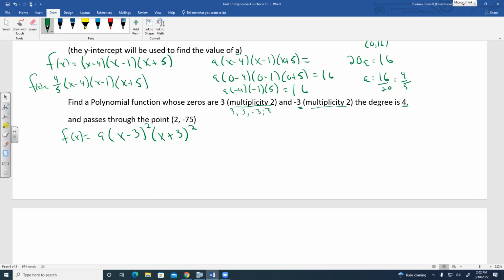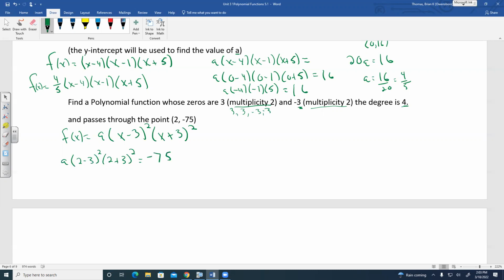So if I want to find a, I have to substitute 2 and -75 in for x and y. So I'm going to have a times, and I'm going to replace this x with the 2. That's going to be 2 minus 3 squared times 2 plus 3 squared. And that's got to equal this -75.